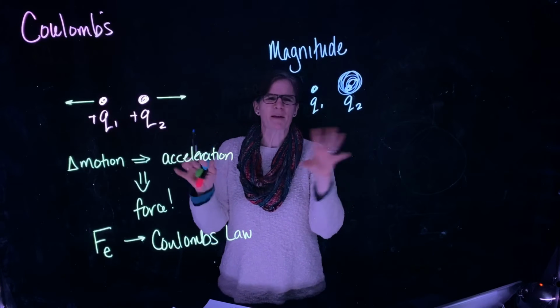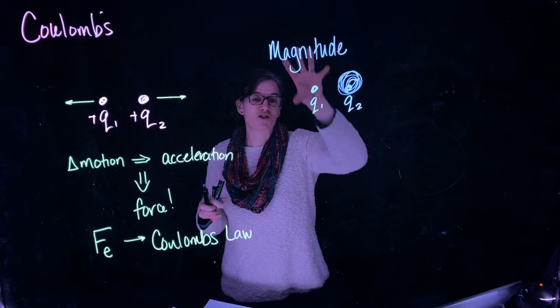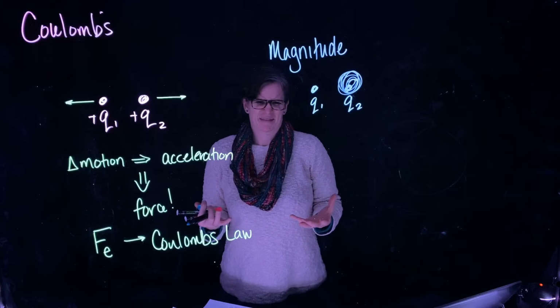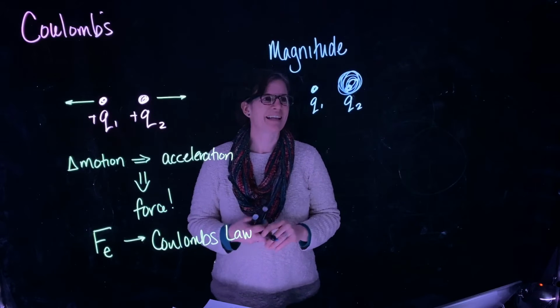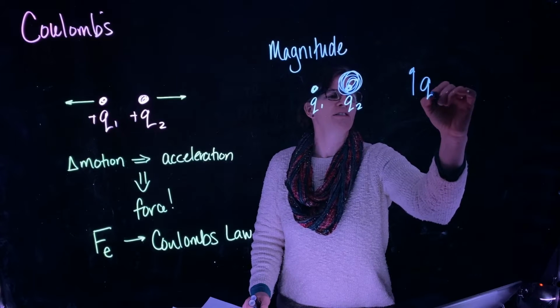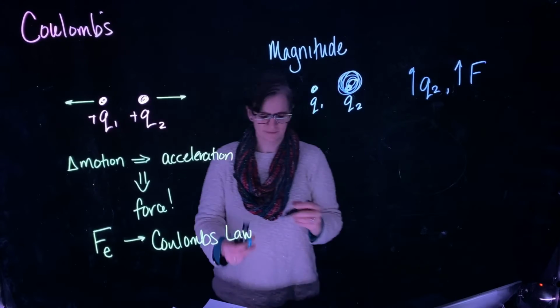Let's imagine they're two identical sized objects, but I put a larger charge on Q2. That seems like it's going to get a bigger force, and indeed it does. If I increase the charge on Q2, I increase the force.